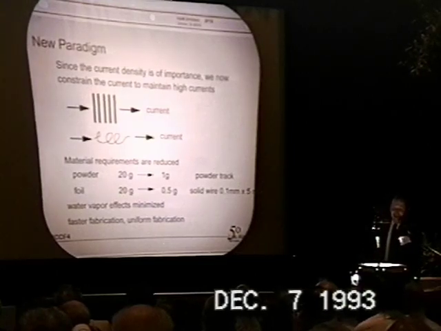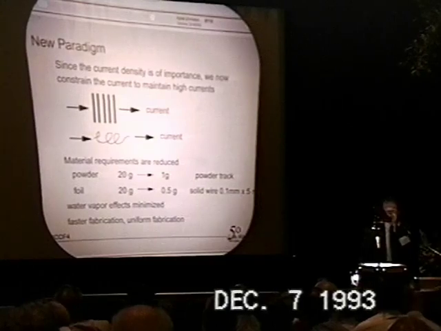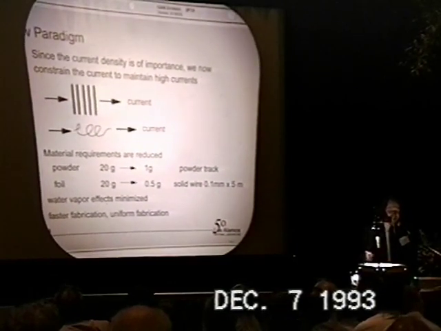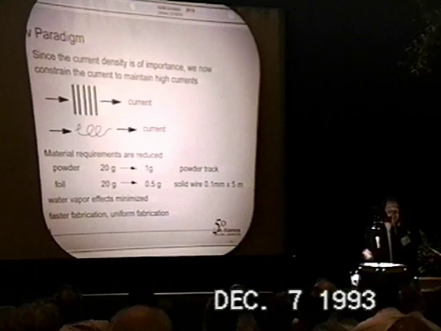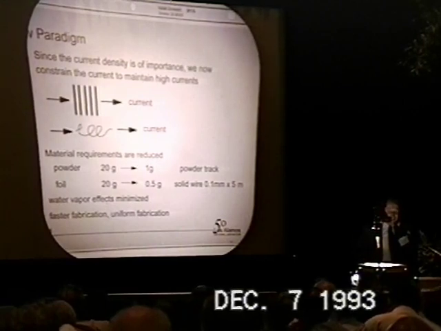But this view graph shows where we were headed during the last year. We went from trying to push current through plates to really trying to localize the current. Obviously, one of the easiest ways is to just use a wire. So I'll show you a picture of the cell. We actually used a variety of diameters of wire. They're very long, wound around an anvil.